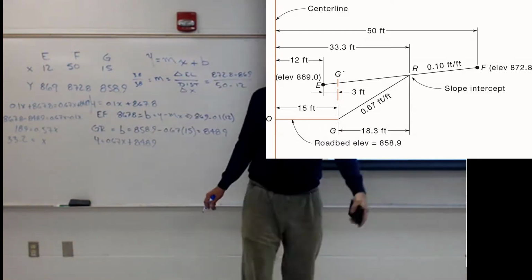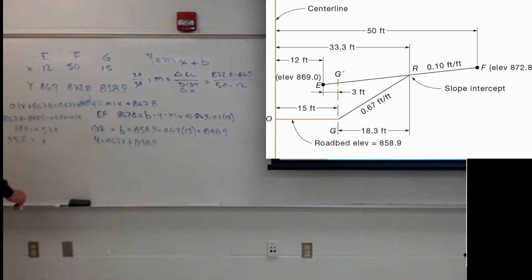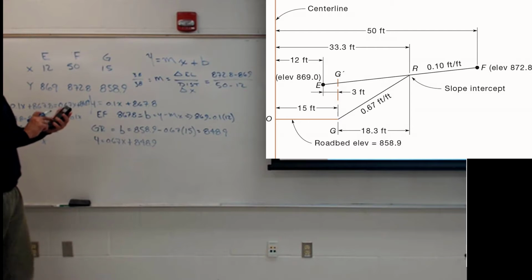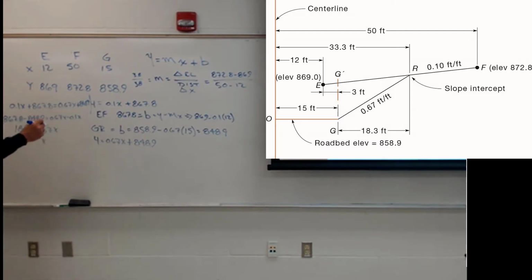How far off from the center line does that happen? What is my y value at that position? How do I find it? I plug it into either of these equations. I should get the same thing. Okay? So if I take 0.1 and multiply 33.2 times 0.1 and add 867.8, I get 871.1.